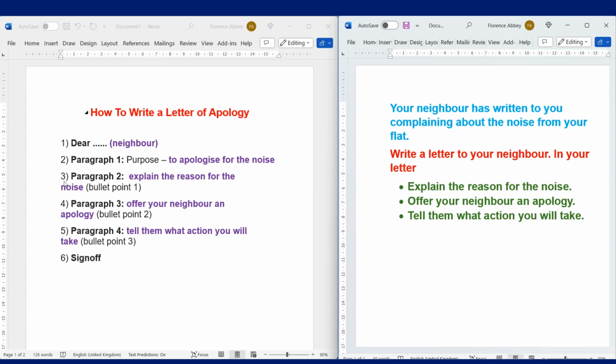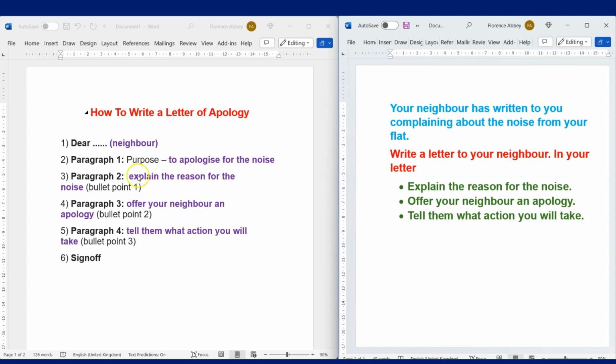That is the reason why we are writing the letter. And in our second paragraph, we are going to explain the reason for the noise, right? That is for the first bullet point, because we said that the second paragraph will deal with the first bullet point. So the first bullet point is about explaining the reason for the noise.